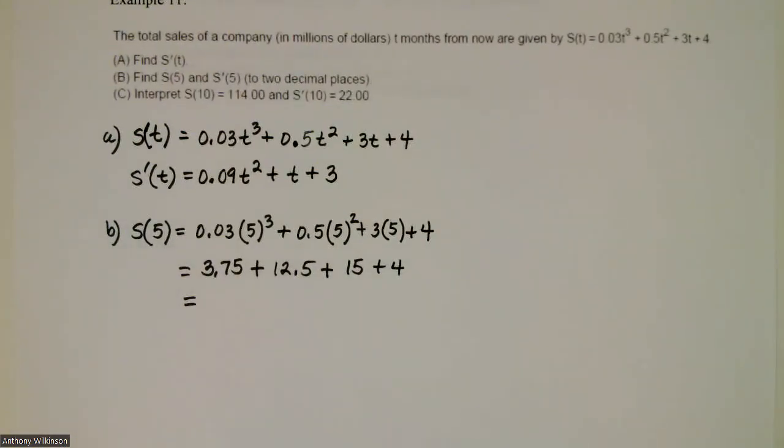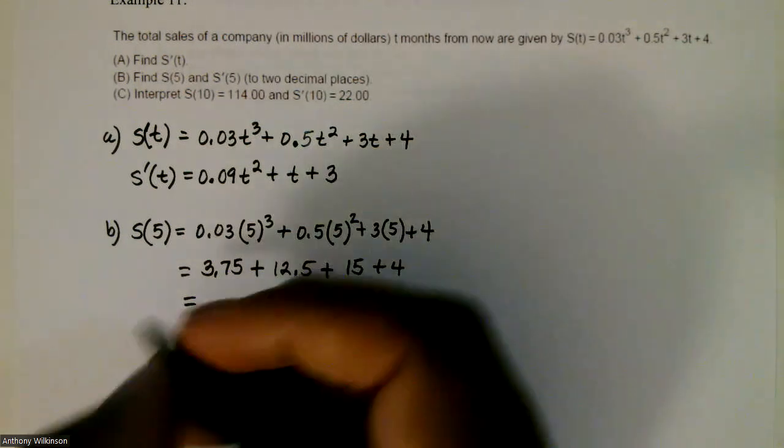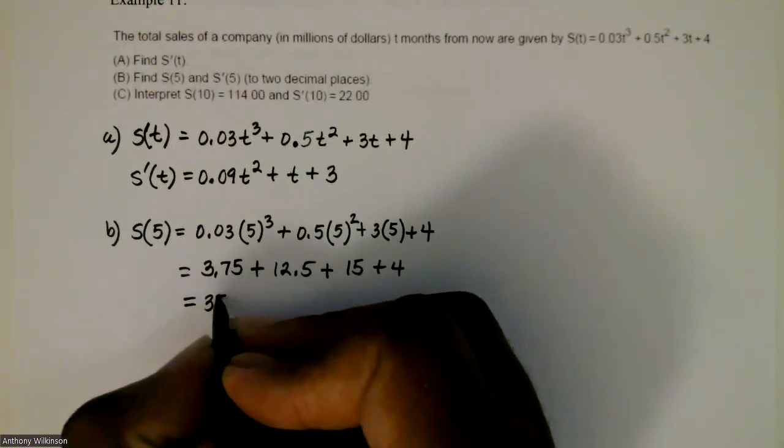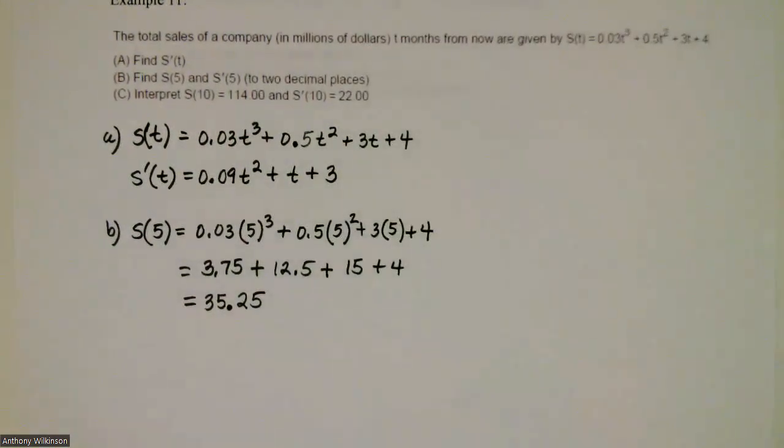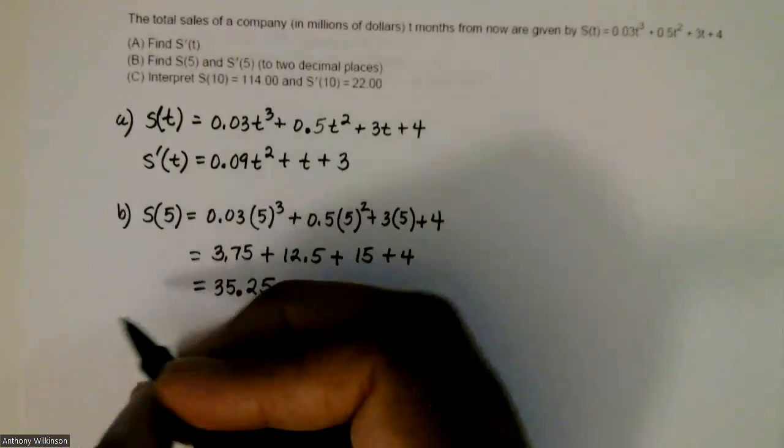So we add 3.75 to 12.5 to 15 and to 4, you get 35.25. So S of 5 will be 35.25. And that represents the total sales of a company in millions of dollars.